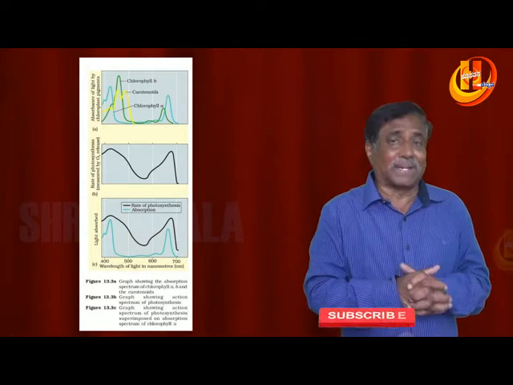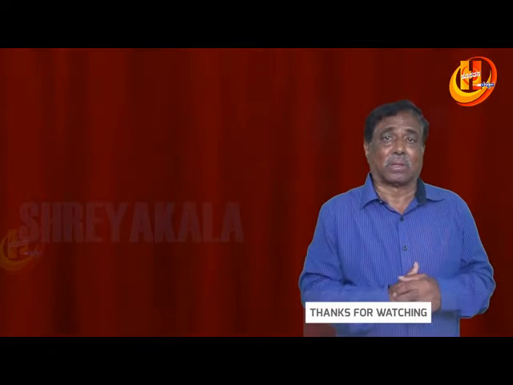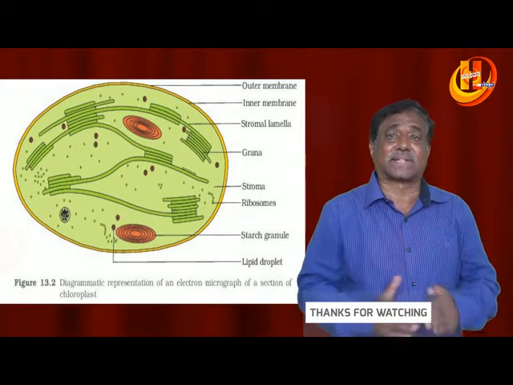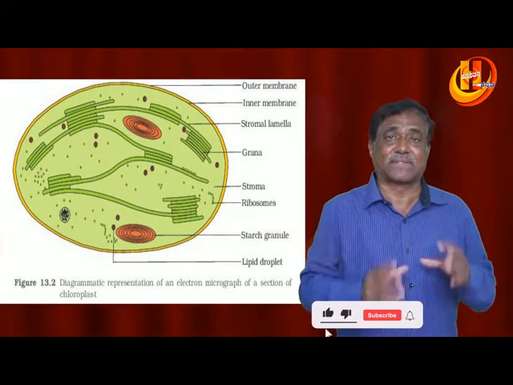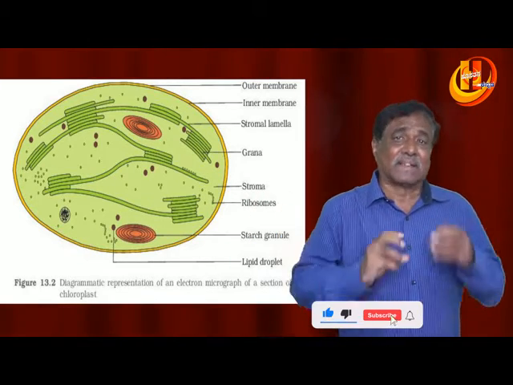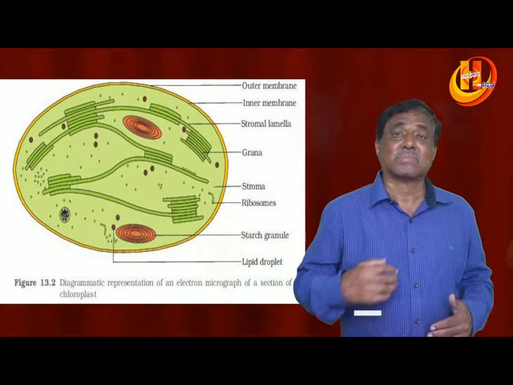And coming to the chlorophyll pigments, also factors required for photosynthesis. As I told you earlier, plastids are present in plant cells, and these plastids which are colored are called chromoplasts, green colored plastids are chloroplasts, colorless ones are leucoplasts.